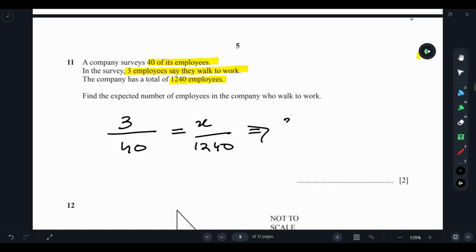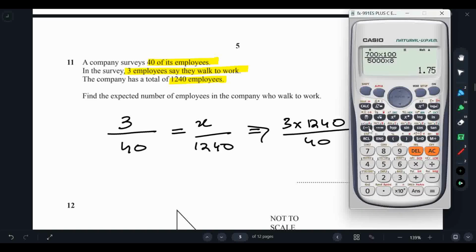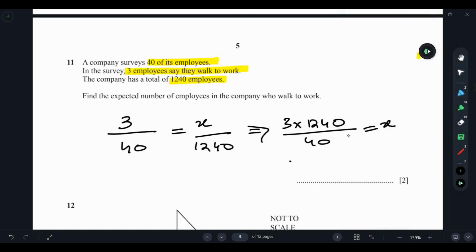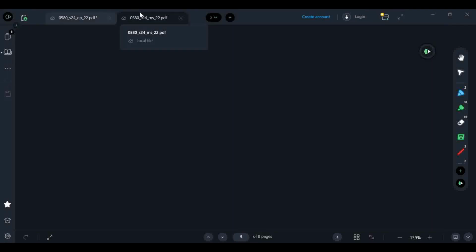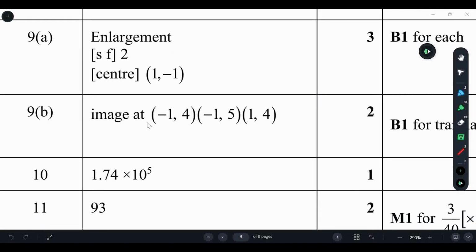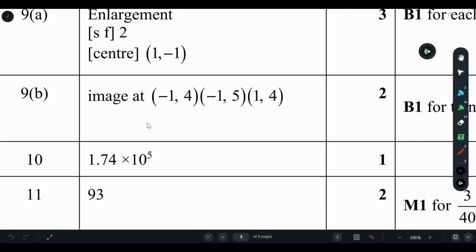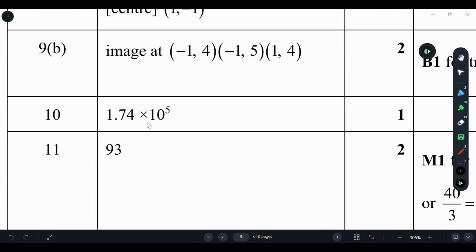So this will be 3 multiplied by 1240 divided by 40 is equal to x. So this will be equal to 93. We can use the ratio concept over here. So this one is question number 11. We can check the final answer. This one is 93. Let's move to the next question.